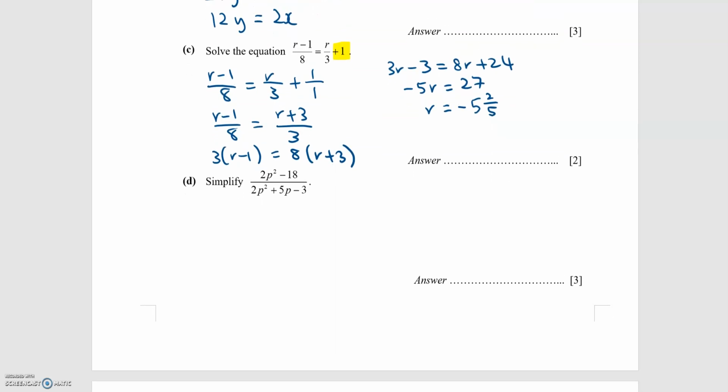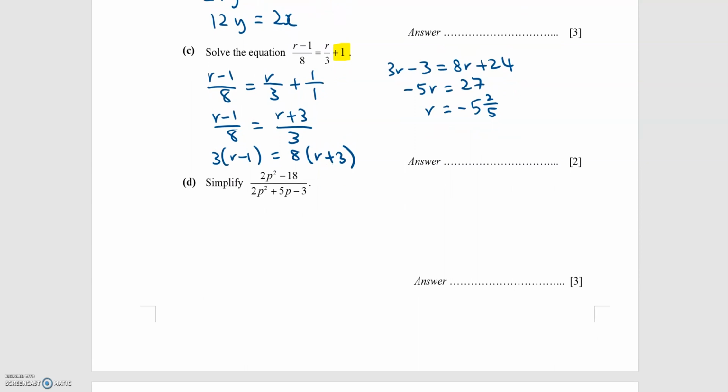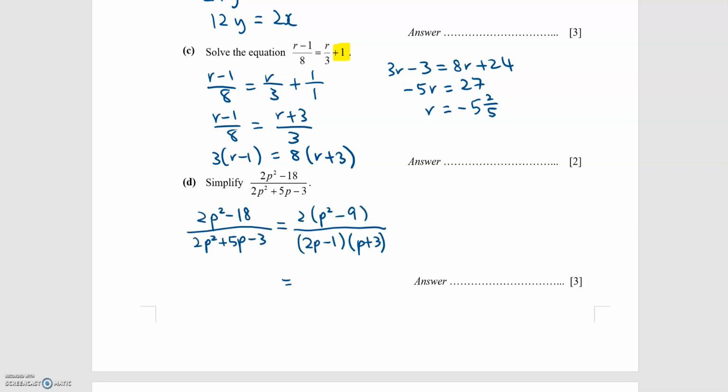We'll go on to part D. Part D wants us to simplify this expression here. So I will start by factorizing both the numerator and the denominator. After taking out the common factor in the numerator, I can factorize p squared minus 9 further. This makes use of the algebraic identity: a squared minus b squared is equals to a plus b times a minus b.